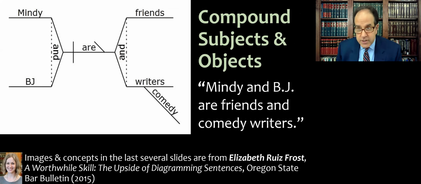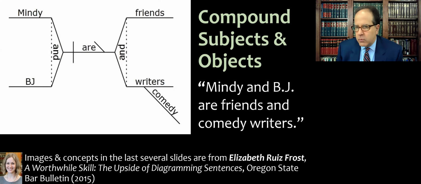So we have our two subjects of the sentence, and then we have two things that they both are. And so we have our linking verb in the middle, and then the two nouns that follow it, also on parallel lines, joined by that conjunction. Now, at this point, I want to highlight an ambiguity that we could introduce into this sentence.